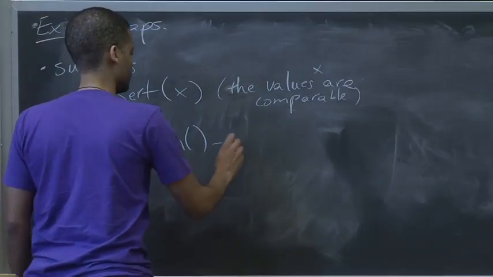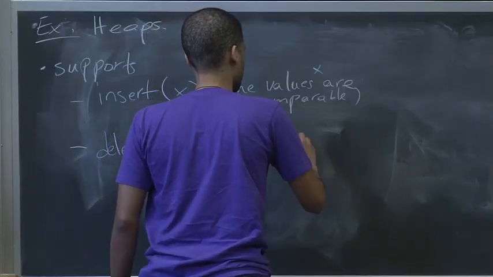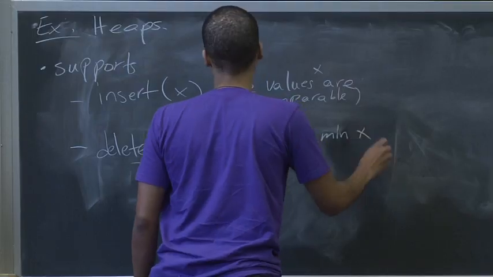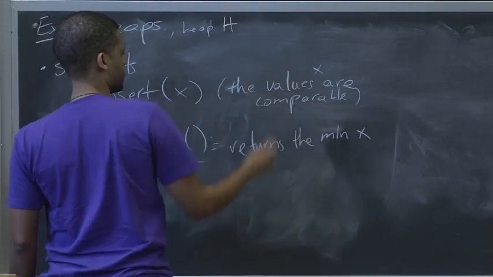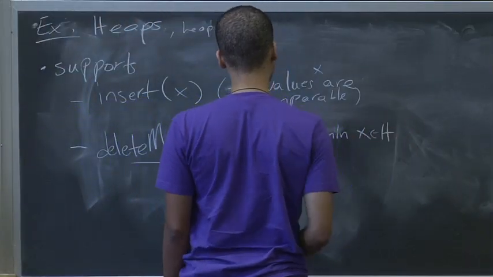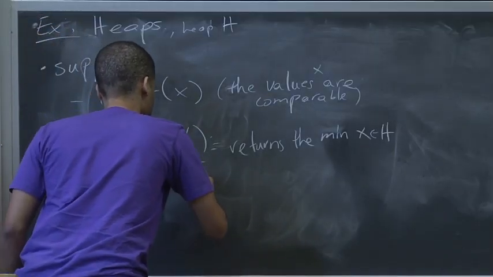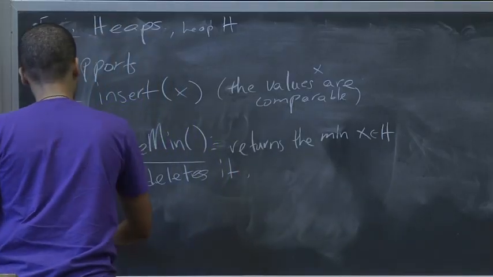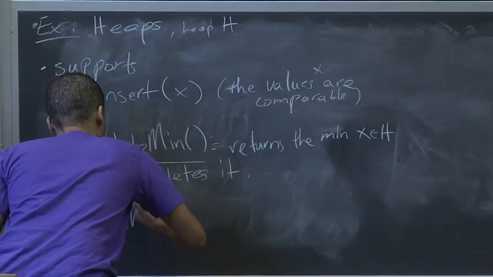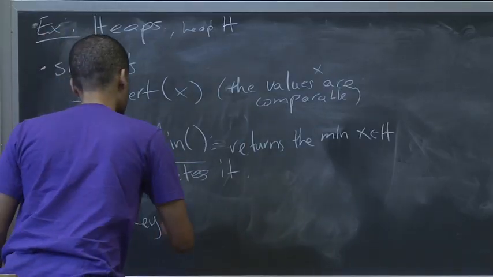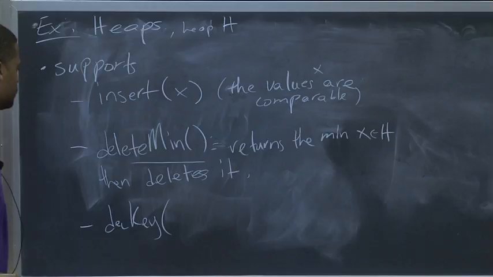This returns the min x in h, say we have a heap h, and then deletes it. And then there's decrease key, which takes a pointer to some item in the data structure.